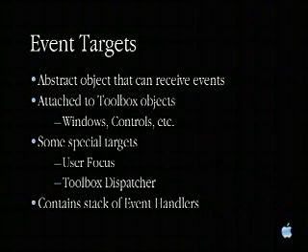We're going to talk about that a little later. The other one is the toolbox dispatcher. Whenever run application event loop pulls an event off the event queue, it just sends it to the toolbox dispatcher. You could actually use this fact to install a handler on the toolbox dispatcher to catch every event as it was being processed. So it does have its uses here and there.